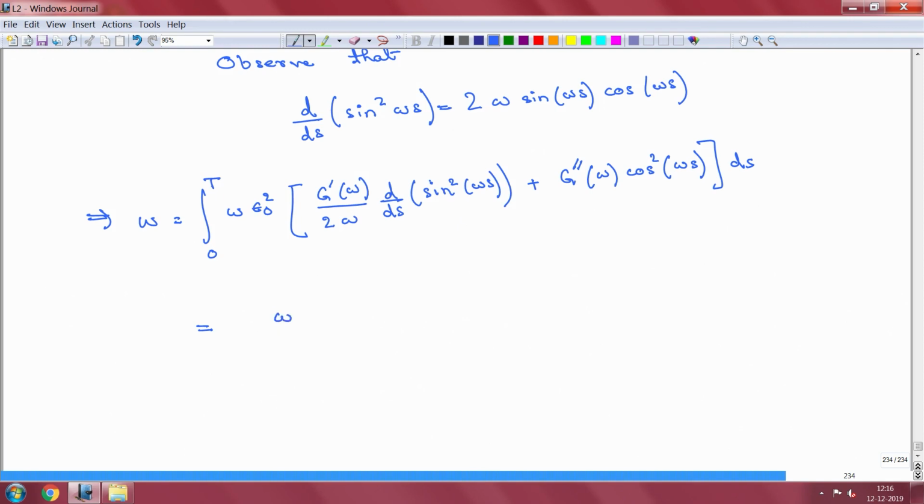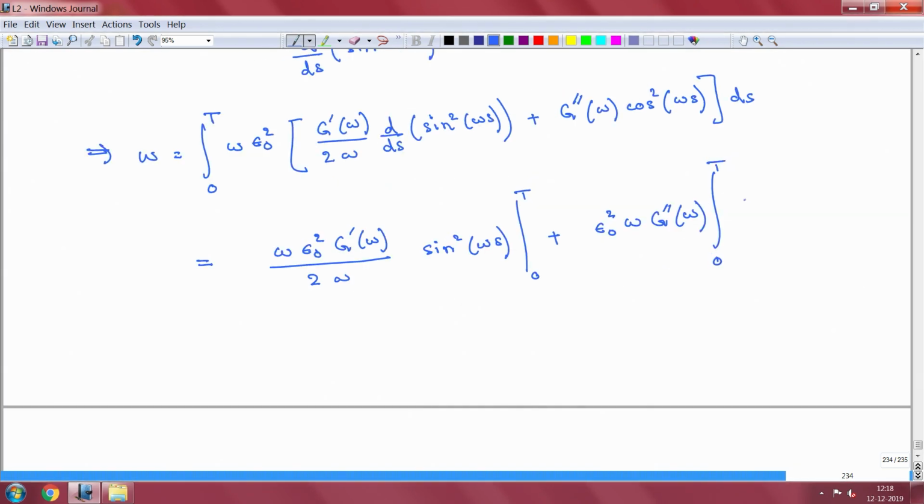So my integration actually becomes rather straightforward, because all these other terms which are independent of time I can simply bring out, and when you integrate this you will be left with sine square omega s, and this has to be evaluated over one time period, plus this particular term over here, where again I will write the constants outside, and I suggest that using trigonometric identities we convert this to this particular form.